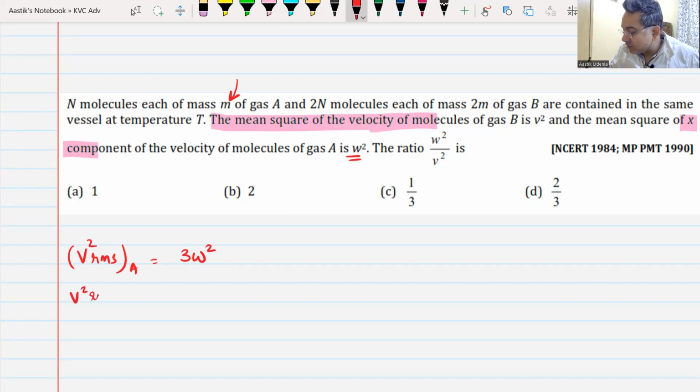Similarly, VRMS square of B is V square.